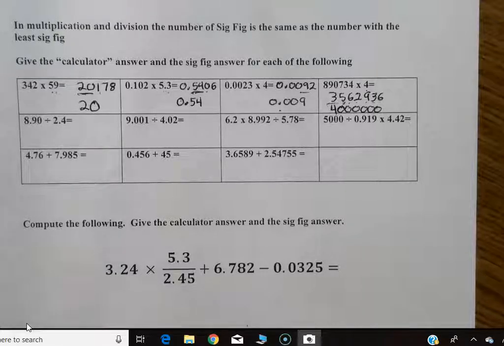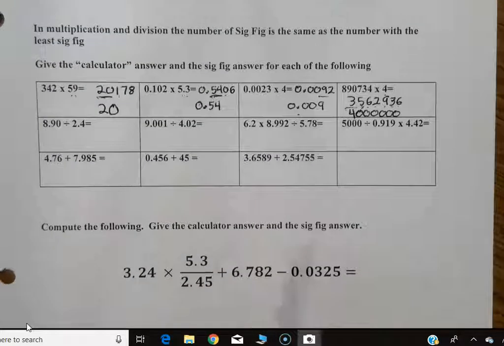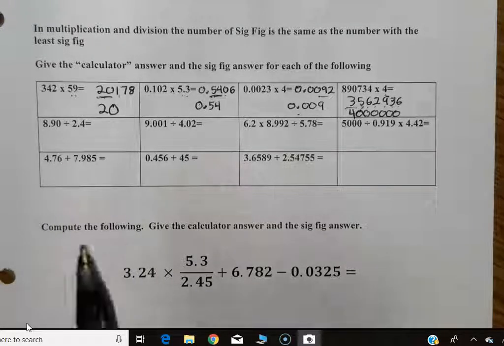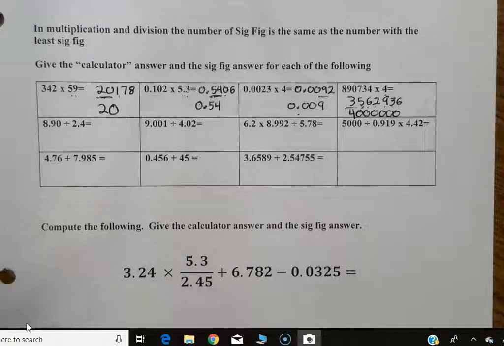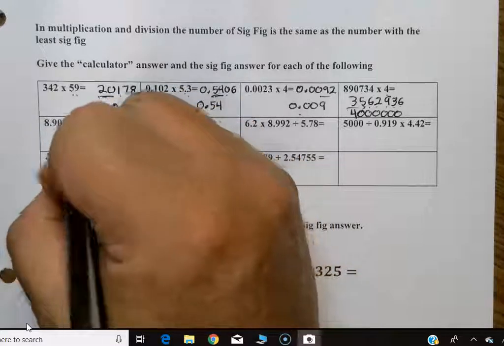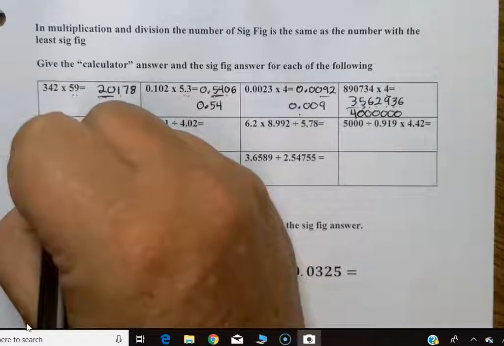Okay, let's keep going. Now we have a division problem. The rules are the same for multiplication and division. So it's 8.90 divided by 2.4. And that gives you a big long number. So what do we do?